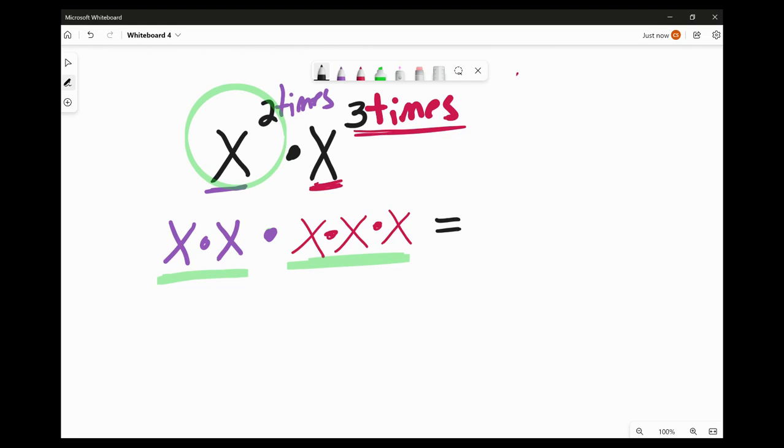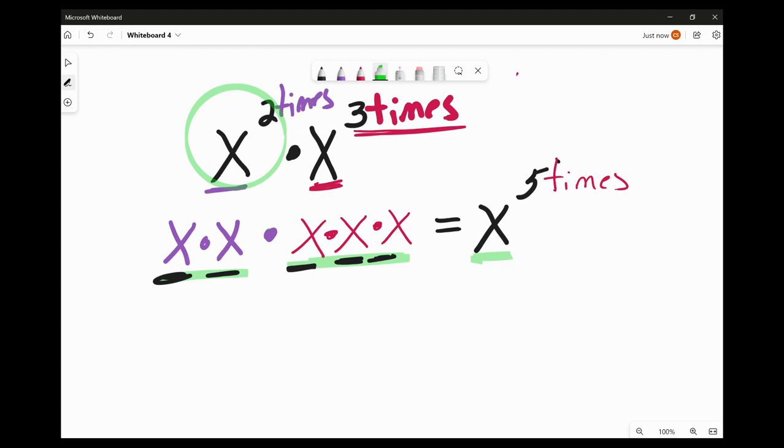So we multiplied x 1, 2, 3, 4, 5. We multiplied x 5 times. Remember that the exponent tells us how many times we're multiplying the base, in this case x. That's how we could break that down and solve that problem.